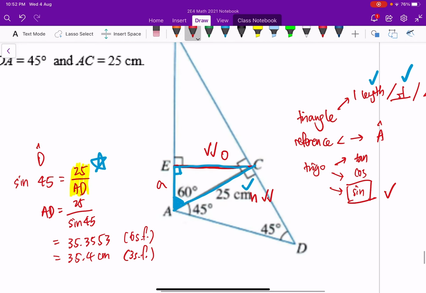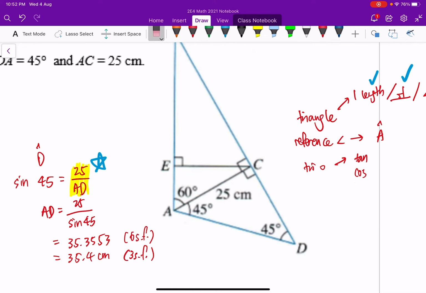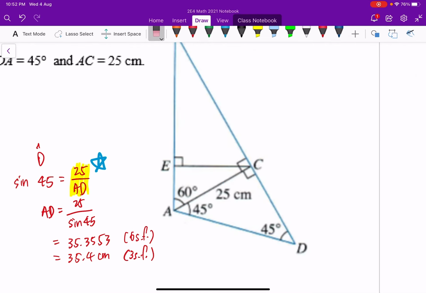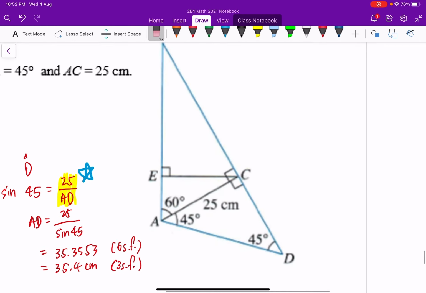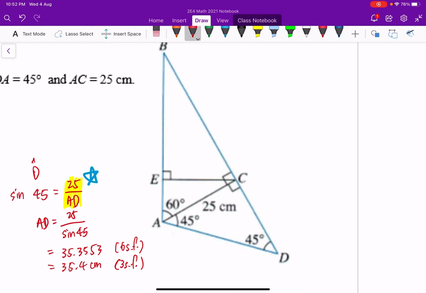Last one, find BE. I'm going to erase everything again. So I need to find BE right here. If I were to find the value for this length BE, you realize that it is not the full side of the triangle. It doesn't go to BA.